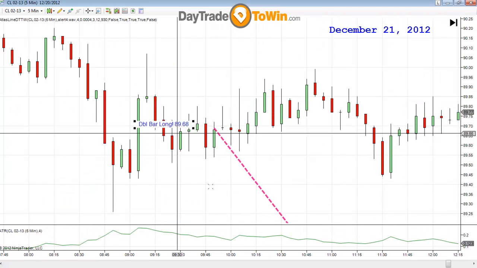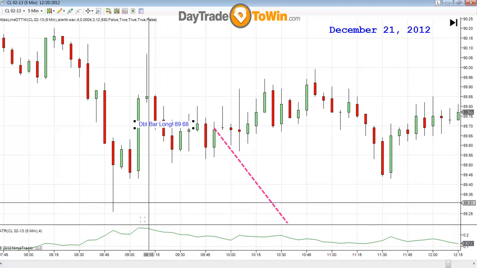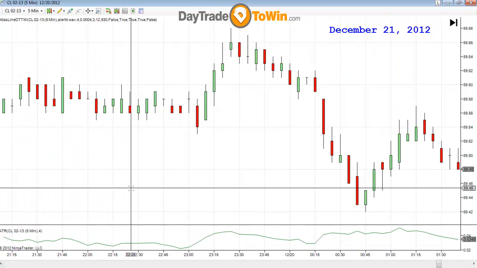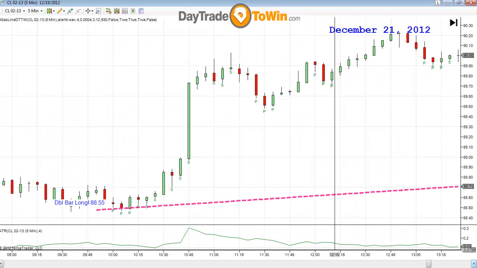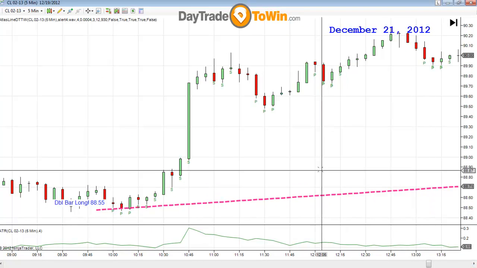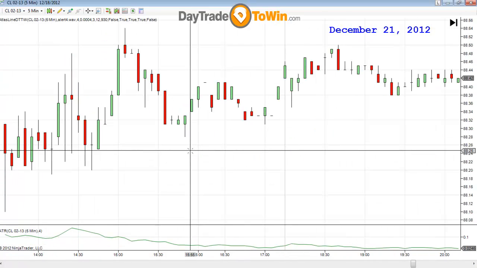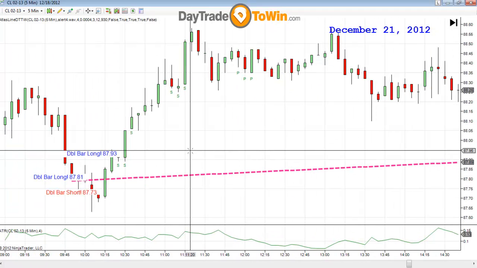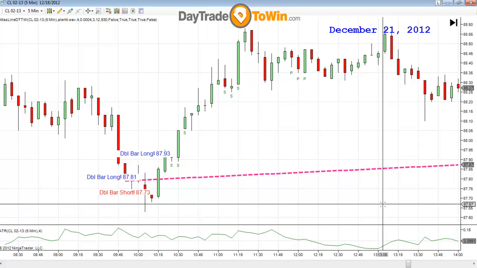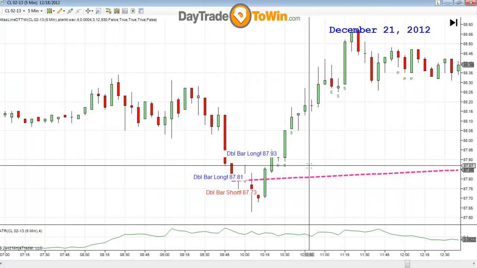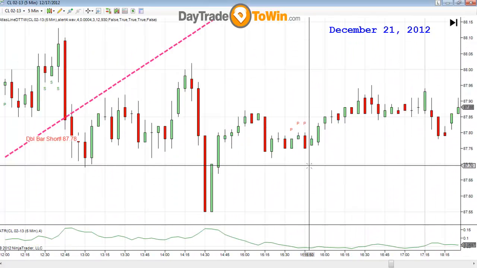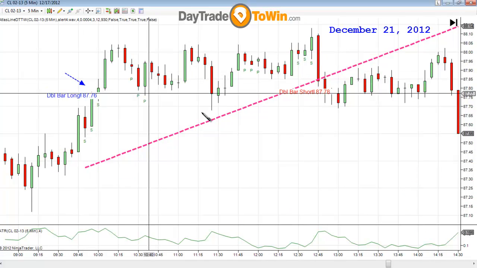Crude oil gave you a long there the day before, and here's a nice long here on the 19th. I'm just scrolling back. I'm not picking and choosing days. I'm just scrolling back to show you what happened. These are strength trades and pullback trades. Long, short.